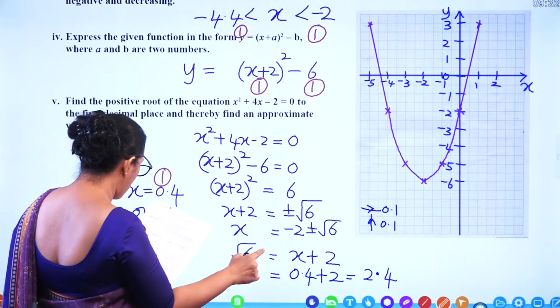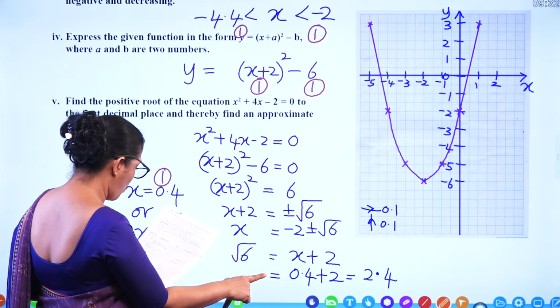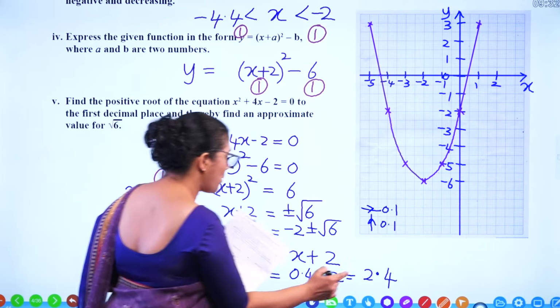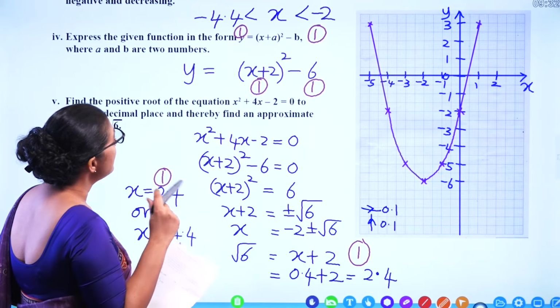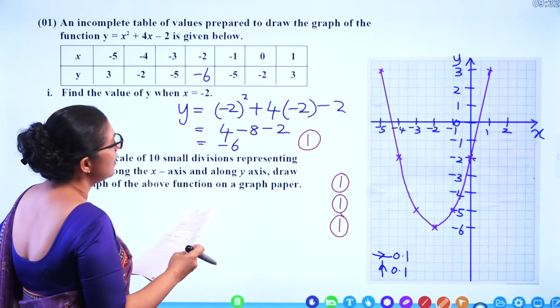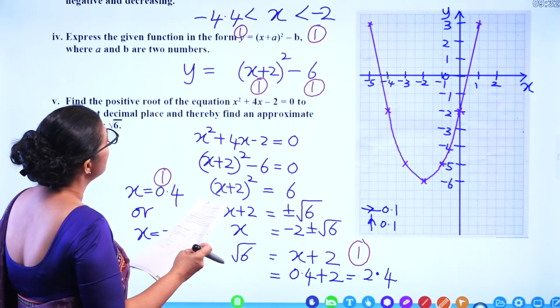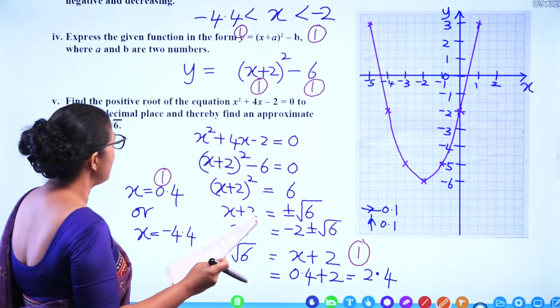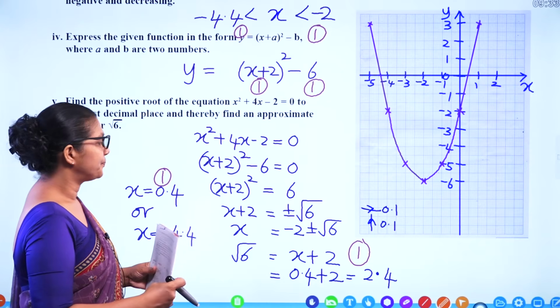And substituting only the positive value and getting 2.4, you get just 1 mark. So earlier we gave 3, 4 marks here, and here 4, 5, 6, altogether 10 marks for this question.